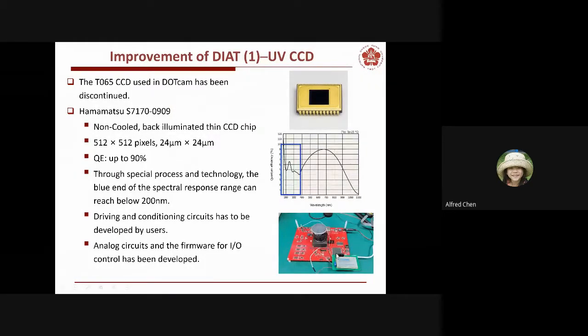We have successfully developed the driving circuit and the conditioning circuit. The analog and the firmware for I/O control have been successfully developed by the NCKU team in the past years. So we have the full capability to manipulate this CCD, to take pictures, to read out, to display, and to control the gain and the shutters.